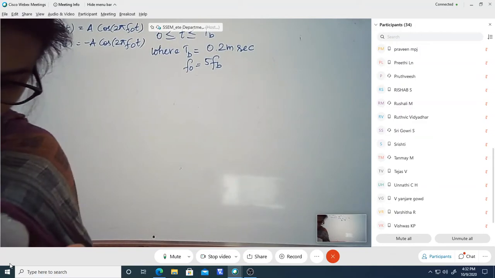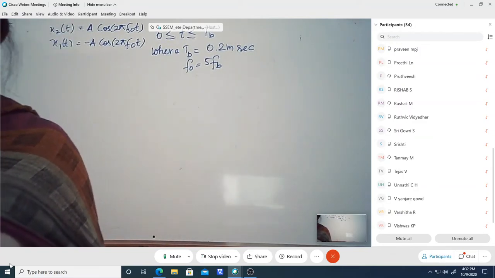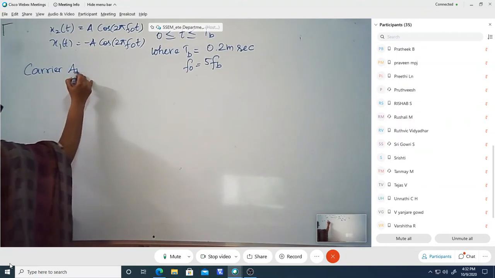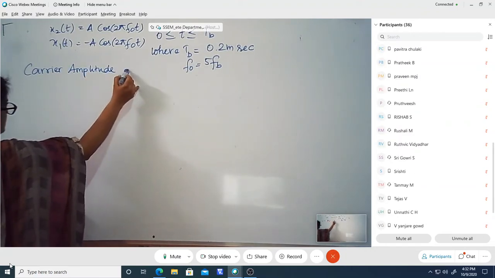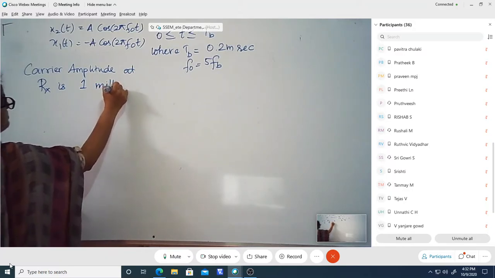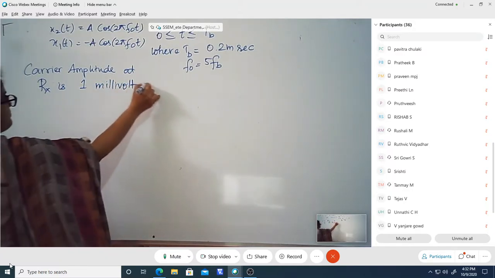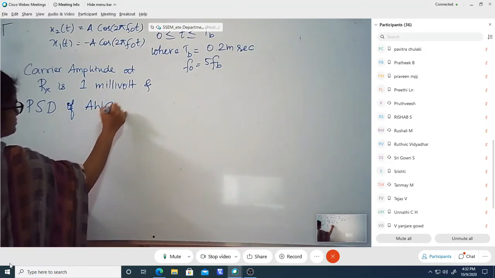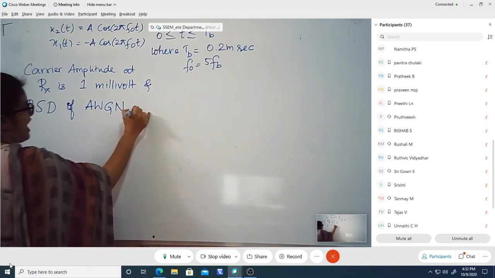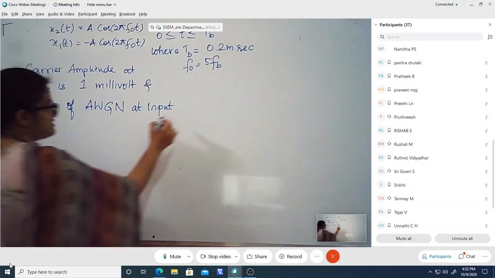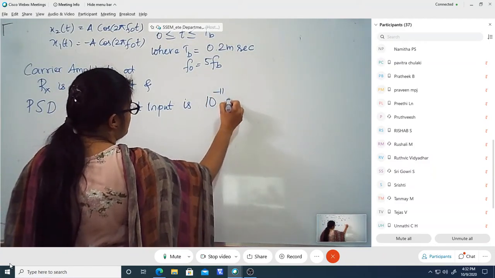The carrier amplitude at the receiver input is 1 millivolt, and the power spectral density of AWGN at input is 10 raised to minus 11 watts per hertz.